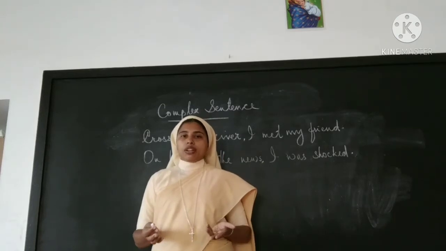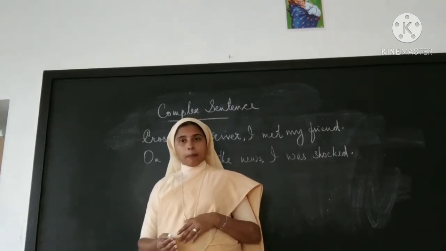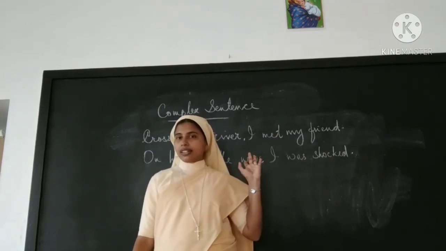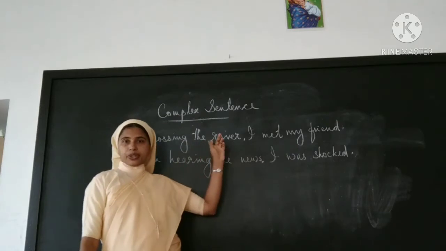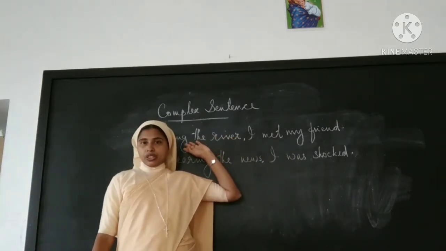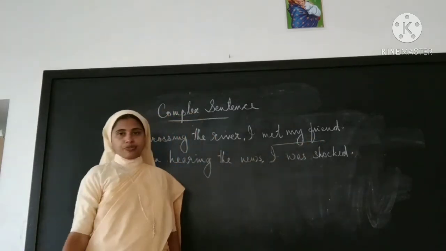Phrase means a group of words, and clause means there must be subject and predicate. So, where is the phrase in this sentence? Crossing the river. I met my friend: let it be there as it is. This is the main clause.